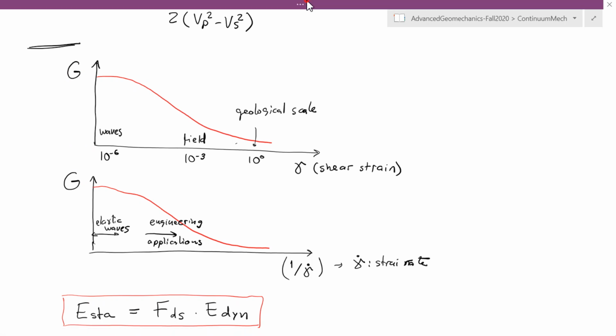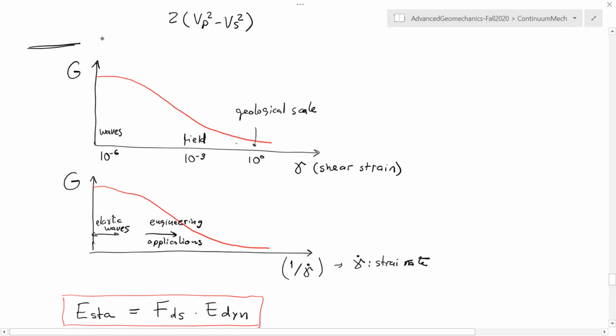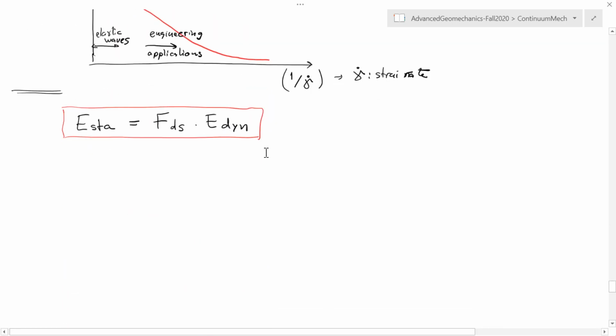But back to practice, then what we usually do is to relate this static Young modulus to a dynamic Young modulus through this empirical equation.